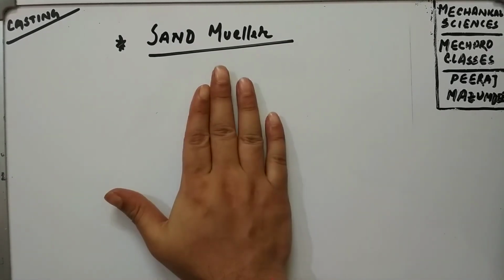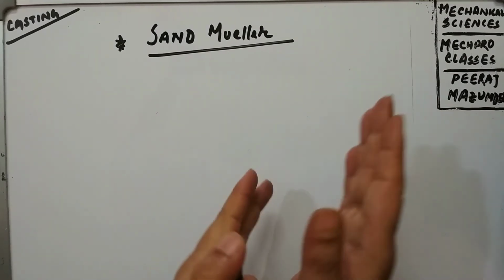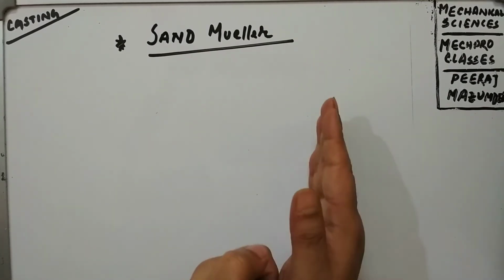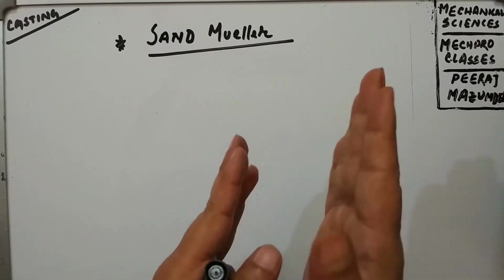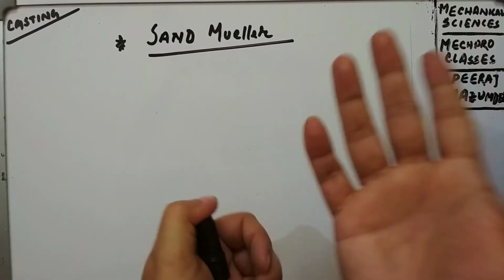Sand muller is a very common instrument in the foundry shop, used for mixing sands for casting, or for molding purposes.